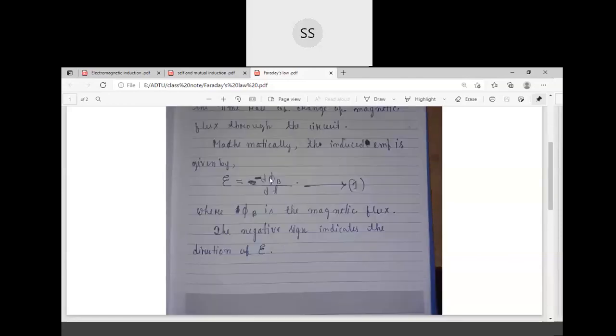Since the direction of induced EMF and the magnetic field are opposite to each other, that's why we use the negative sign.